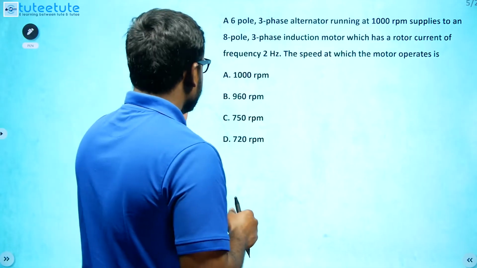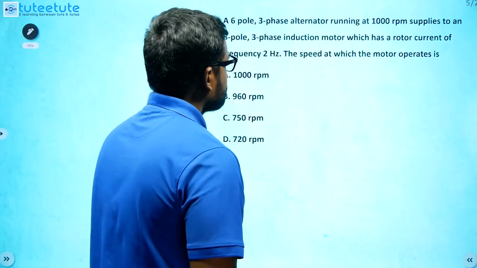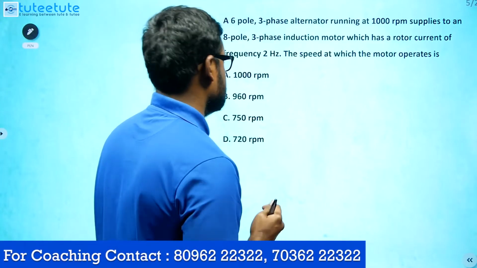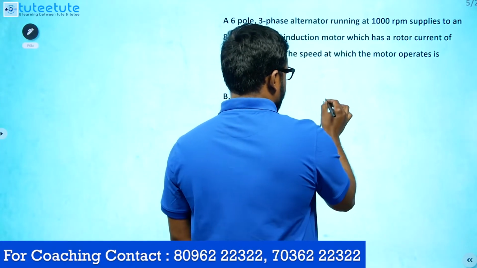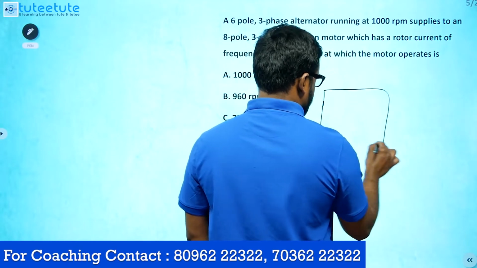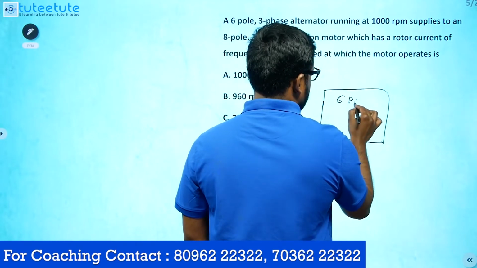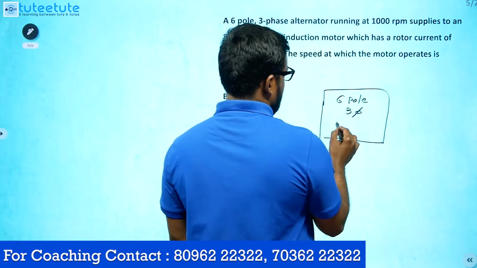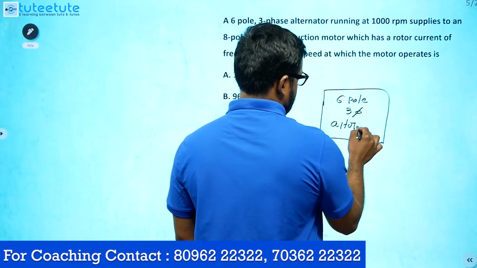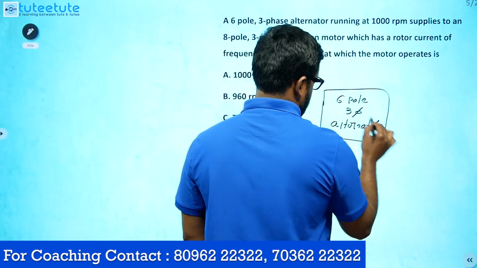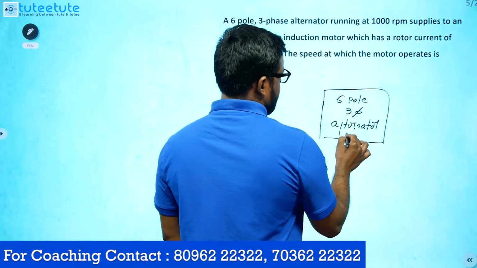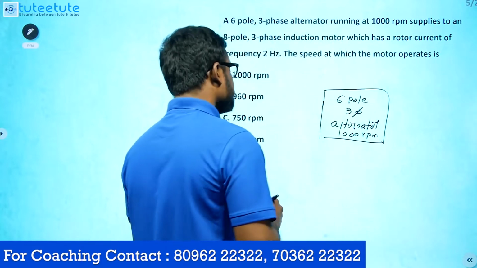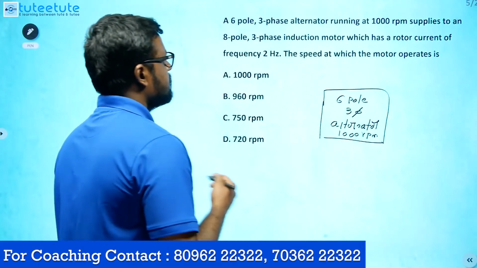Now we will see this question. A 6-pole 3-phase alternator running at 1000 rpm supplies to an 8-pole 3-phase induction motor. So there is a 6-pole 3-phase alternator. Now its speed is 1000 rpm. It is a synchronous generator. Its rotor is running at 1000 rpm.